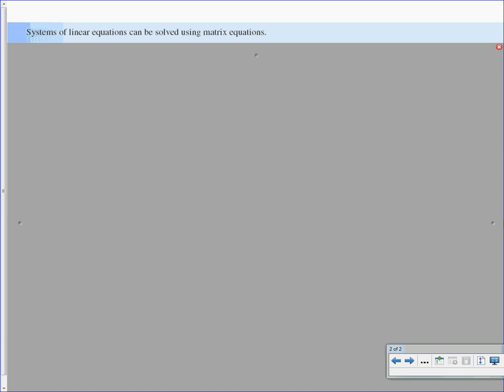Okay, so you can solve a system of linear equations using what are called matrix equations. Basically, you are going to put a bunch of matrices into your calculator, and your calculator is going to spit out the answer. Now, why did I make you learn how to do Gaussian by hand and Gauss-Jordan by hand? Well, how does the calculator spit out the answer?